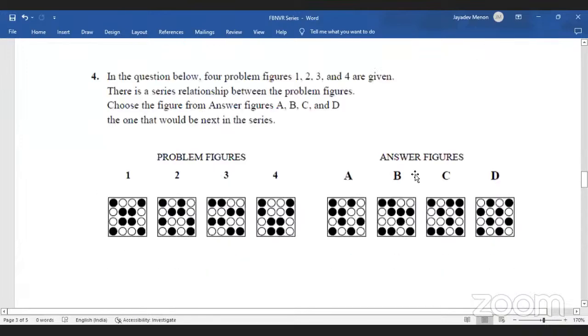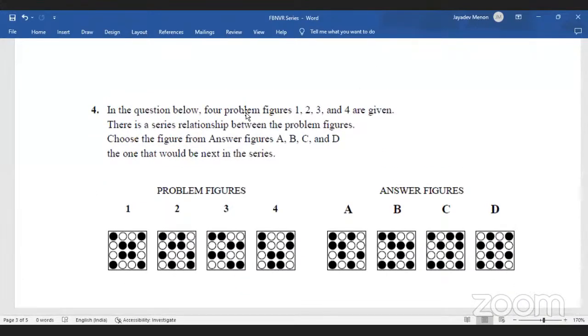Next question. So it's not A. Very good, Anjana, Varsha, Arun, Abhirami.